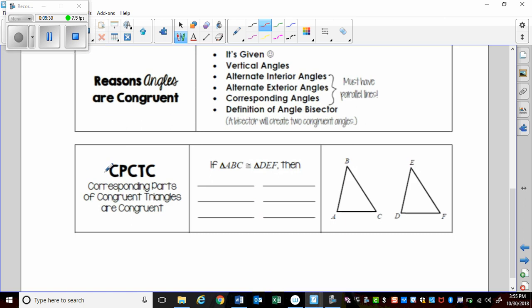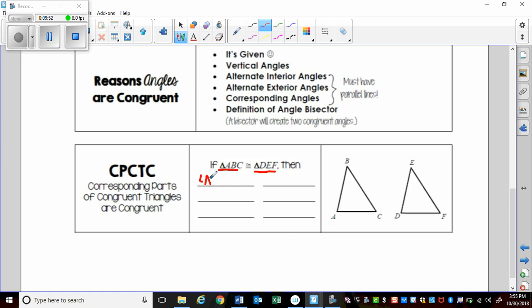CPCTC stands for corresponding parts of congruent triangles are congruent. We're going to use this in our proofs after we've proven that this triangle is congruent in every single way to this triangle. Then I know that the corresponding sides are congruent and the corresponding angles are congruent.